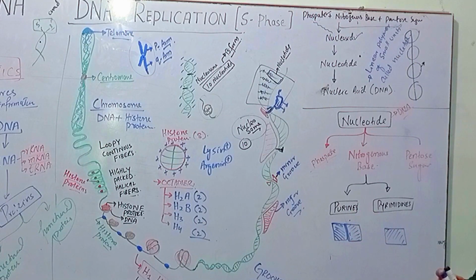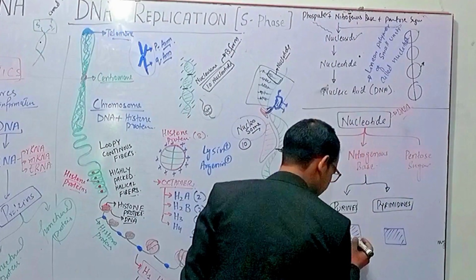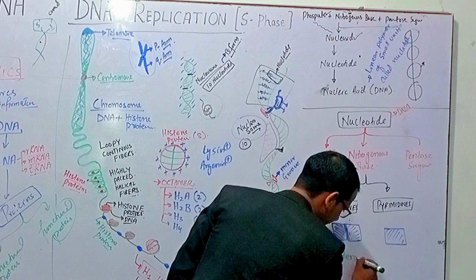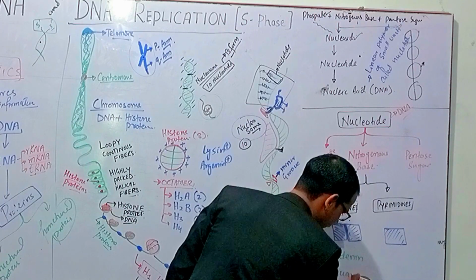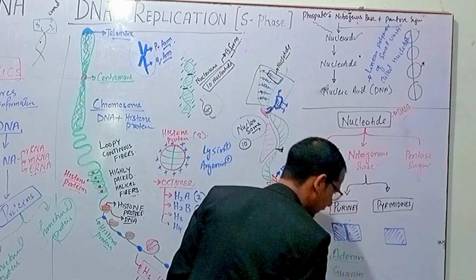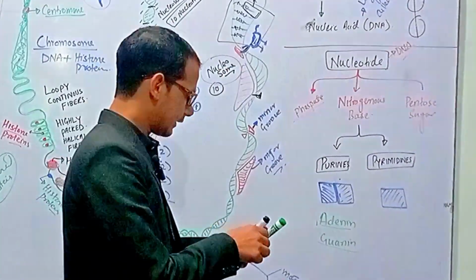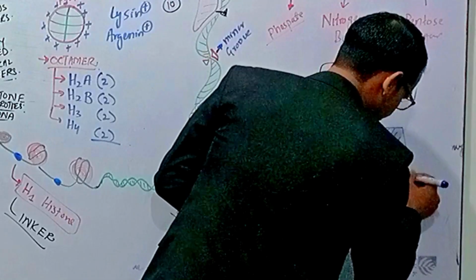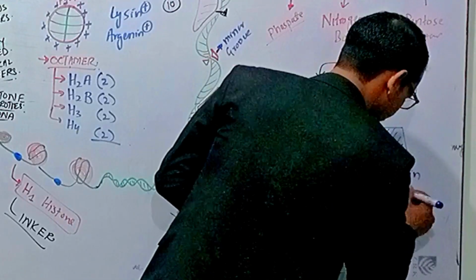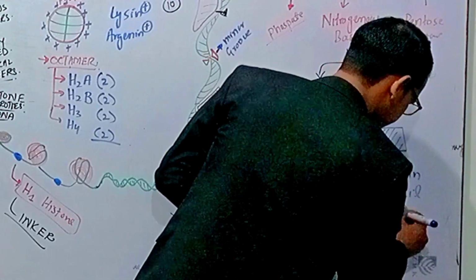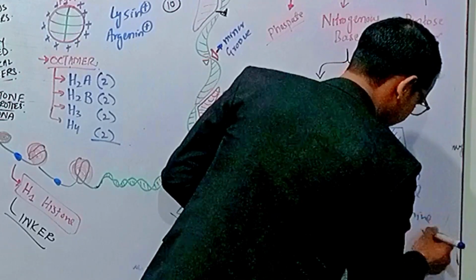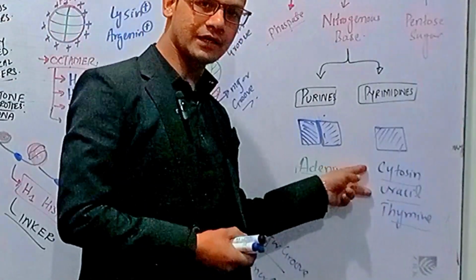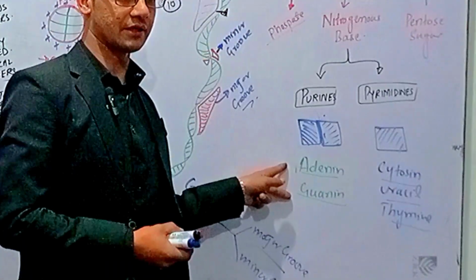Purines are adenine and guanine, and these pyrimidines are cytosine, uracil and thymine, right? These have 1 aromatic ring and those have 2 aromatic rings.